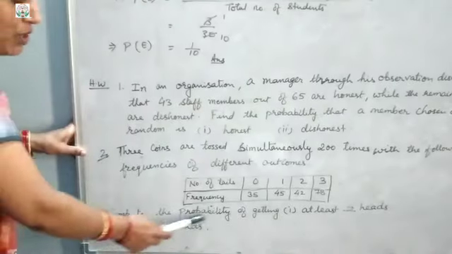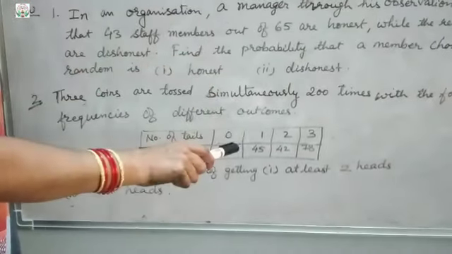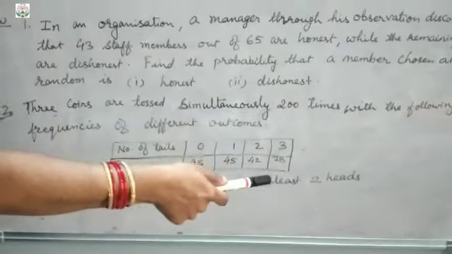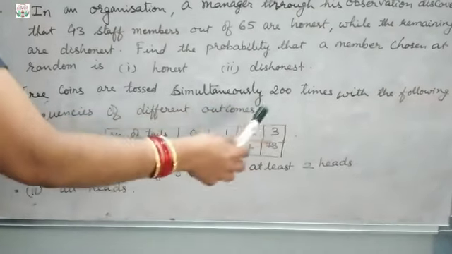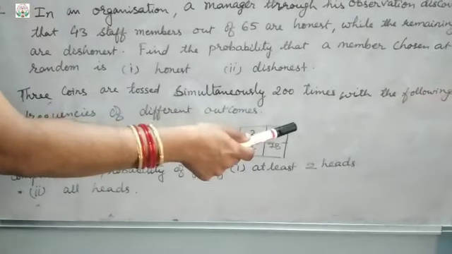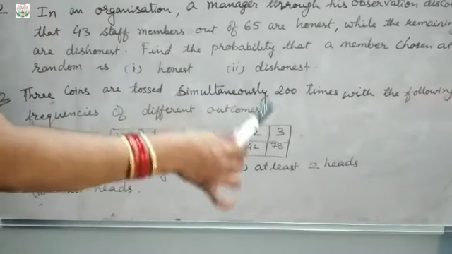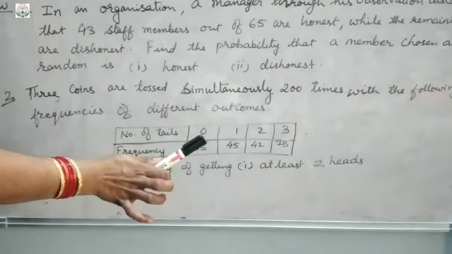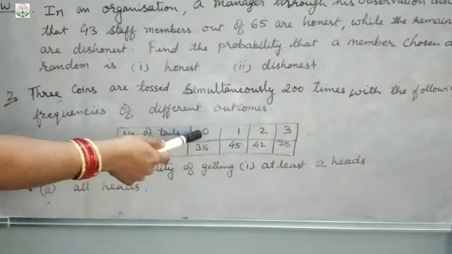Now compute the probability of getting, first, at least 2 heads. At least 2 heads includes 2 heads and 3 heads. At least 2 means a minimum of 2 heads, and at most 3 heads since it is tossed 3 times. So 2 heads and 3 heads will be added up. But in the table we have written only about the tails. If I take 0 tails, all the 3 will be heads.